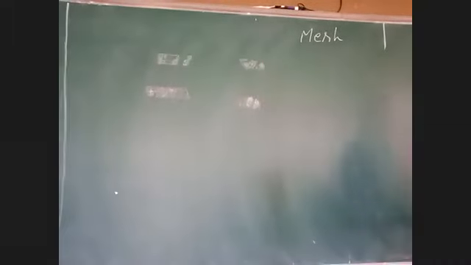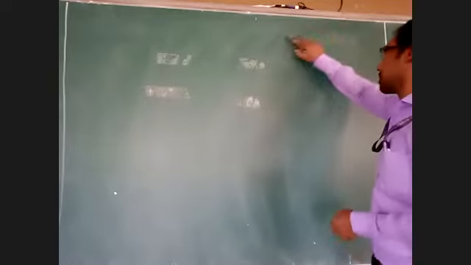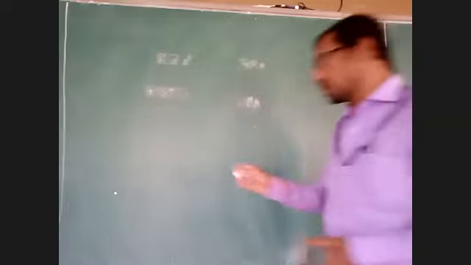Loop currents. That means there is a closed path in the mesh. We determined the currents I1 and I2 in the loops. Okay, loop currents we have determined.